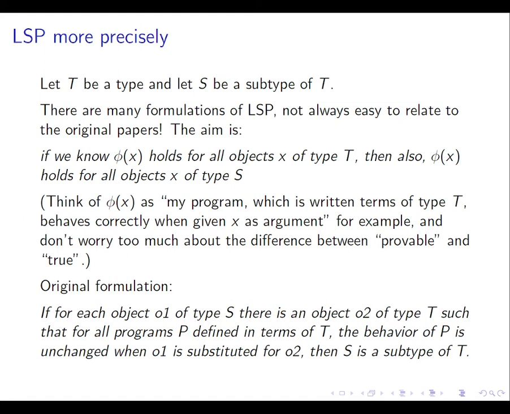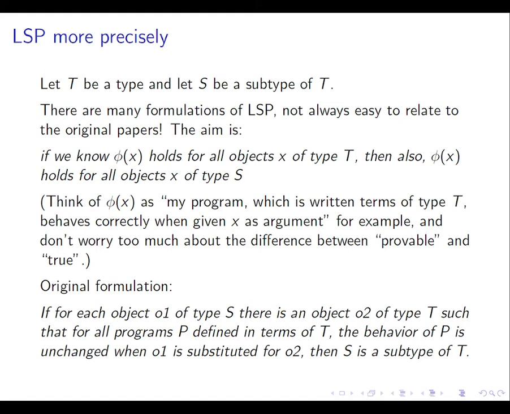So perhaps T is our customer class and S might be our special customer class. Okay. Now what we're saying is, if we have some property, let's say phi of x, which is supposed to hold for all objects x of type T, so in our case phi of x might be the banking application works properly when you give it object x. Okay, so the banking application works properly when you give it any object x of type customer in our case.